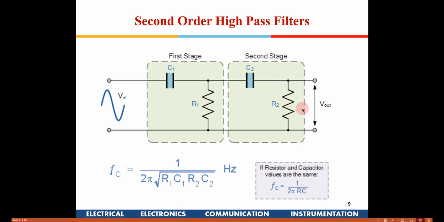So if you try to find out what is the voltage here, and then again multiply it with one more, you will end up getting the center frequency like this. And in case we have these values of R and C the same for the two stages, then FC is equal to 1 by 2 pi RC. Because the root will become R square C square, so you will get the same thing.